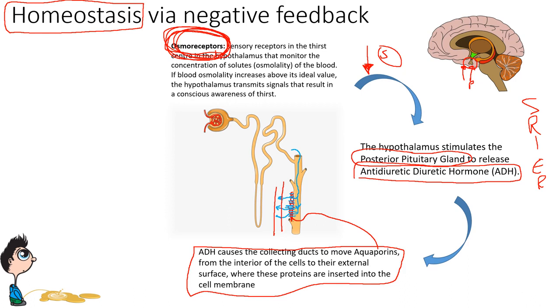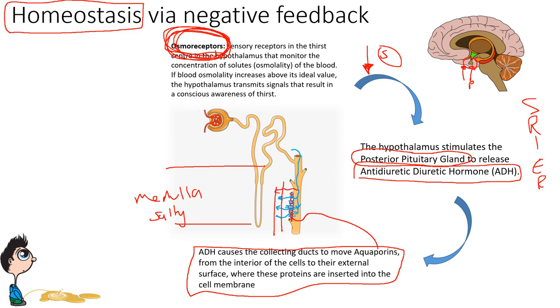Okay, so that enables us to retain water. Now don't forget that this loop of Henle is in the medulla, and so this is extremely salty, and that aids the osmosis of water back into the blood, and that's why we would retain the water.